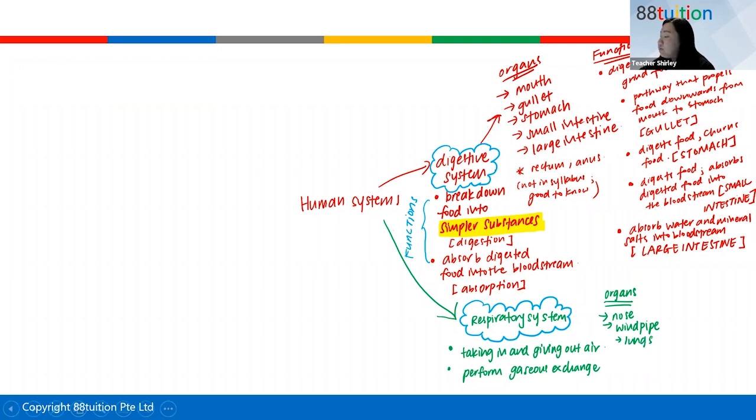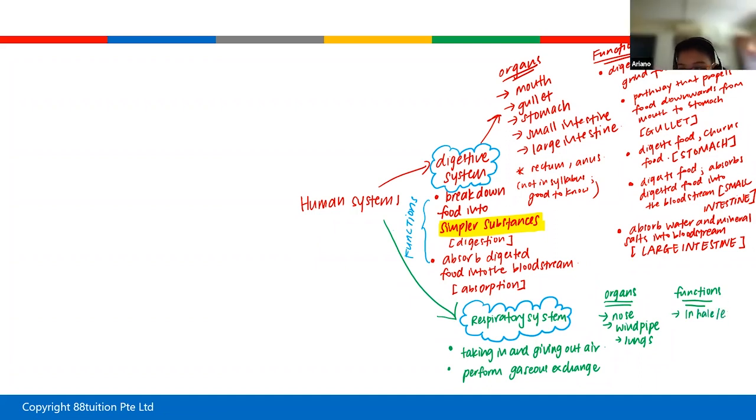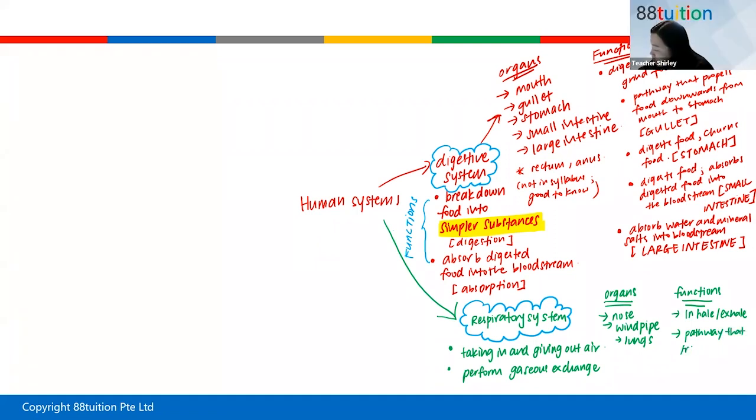Okay. So again, you do need to know the functions of all these organs of the system as well. So of course, the function of the nose is really to inhale and exhale, basically. The windpipe, of course, is a passage, right? It's a pathway that transports air or gases.